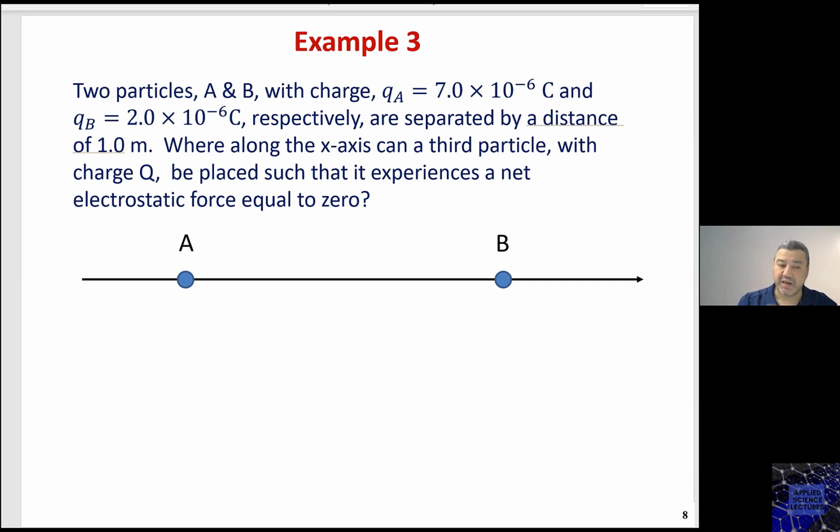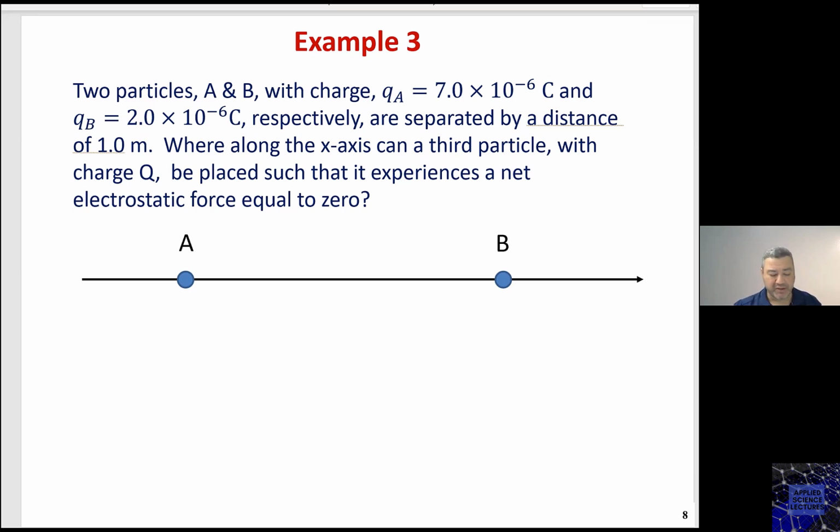This is the same of what we have seen earlier when we were asked about what kind of charge that we can put. Is it possible that we put a charge between two charges from the same type such that the net force in between would be 0? We said yes. And here also we have A and B from the same type.